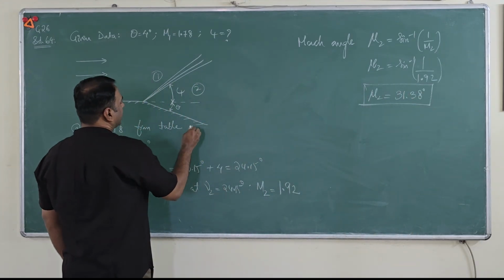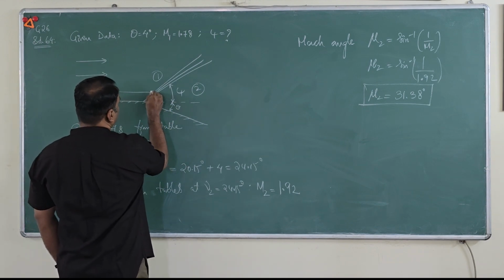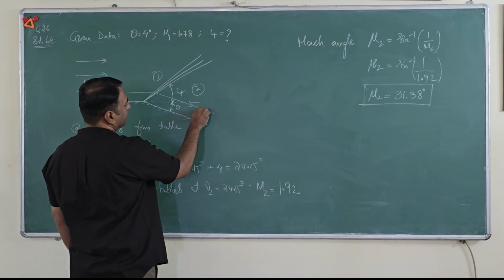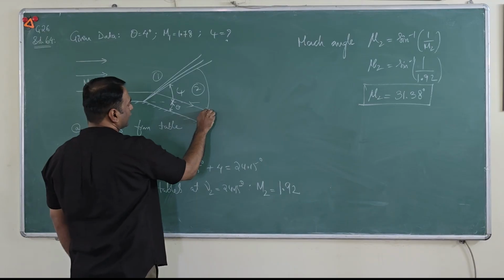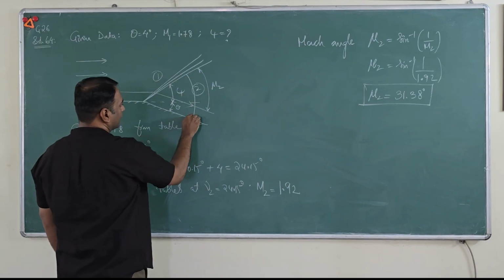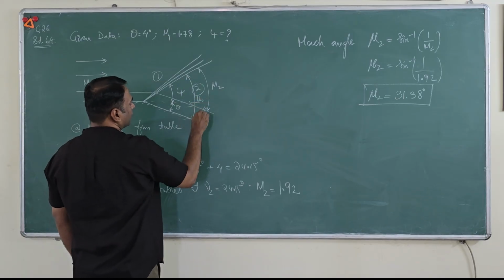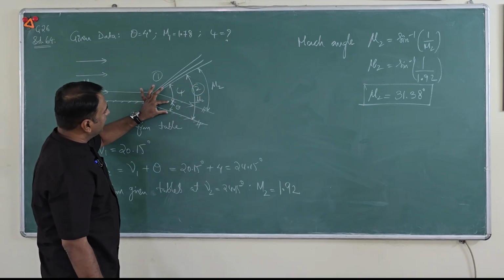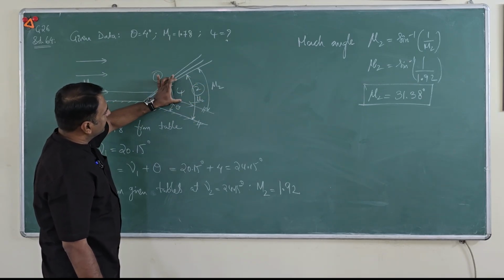Okay. So this mu2 is the angle between the streamline behind the expansion fan and the last Mach line. So if this is mu2, this is also mu2. Both these lines are parallel. So this is also mu2. So from this, if you know mu2 and you know theta, you can remove this theta from mu2 and you will get this psi.